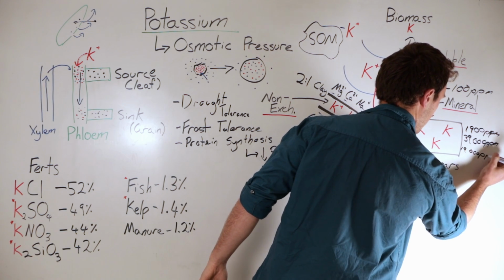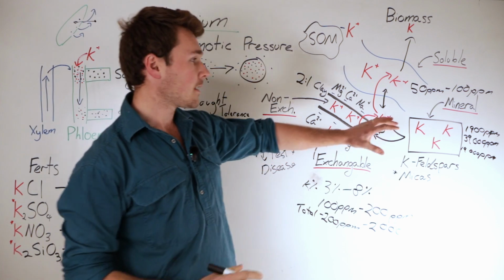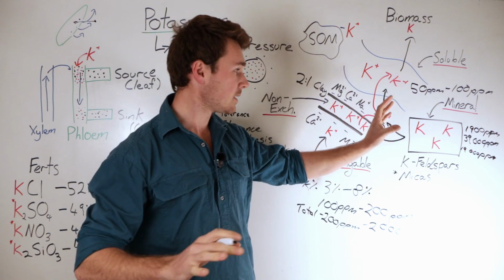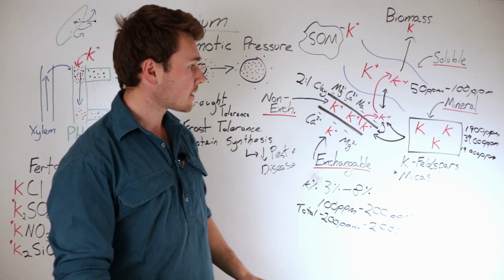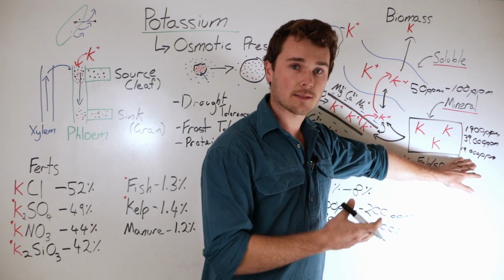So what does this mean? It means that there is so much potassium in the mineral component of the soil. The question is, how do we tap into that to access it? Because there's so much here that we could use this potassium forever.